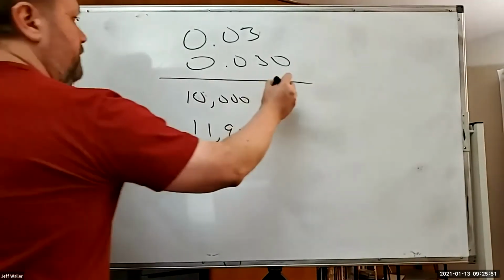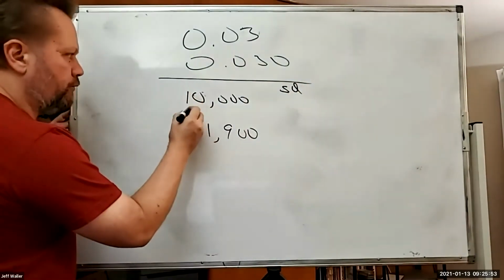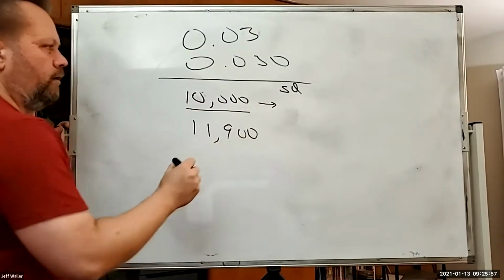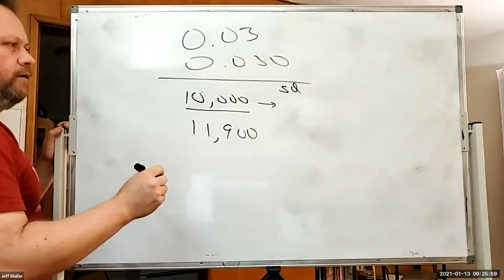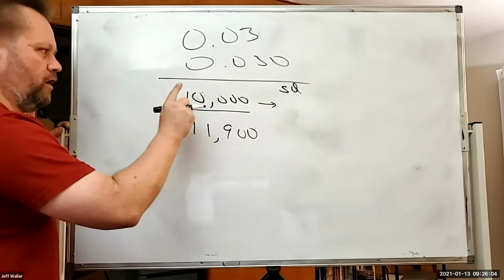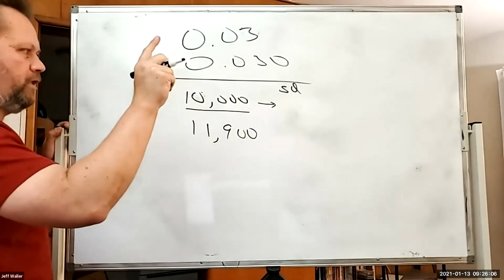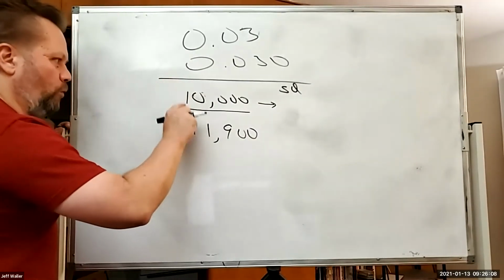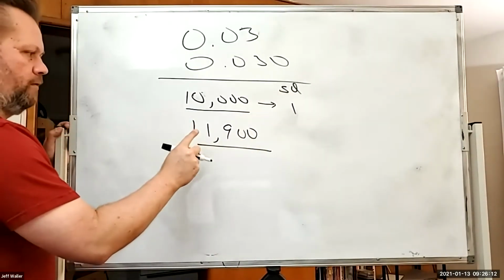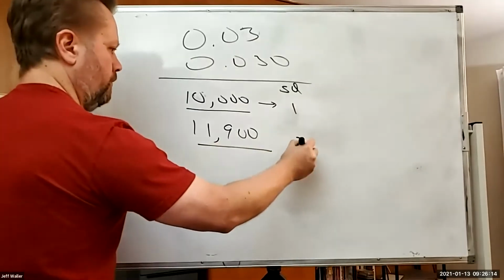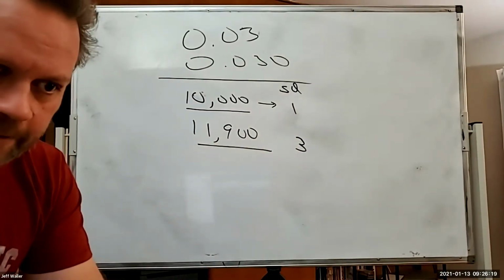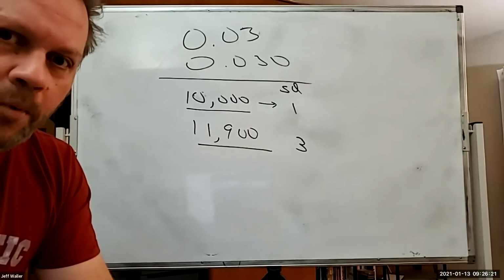So the sig digs, how many sig digs does this have? 1. No decimal, so you start at the first non-zero and you end at the last digit, so that's 1. How many sig digs does this have? 3. So the one that's got a higher number of sig digs is representing more certainty.